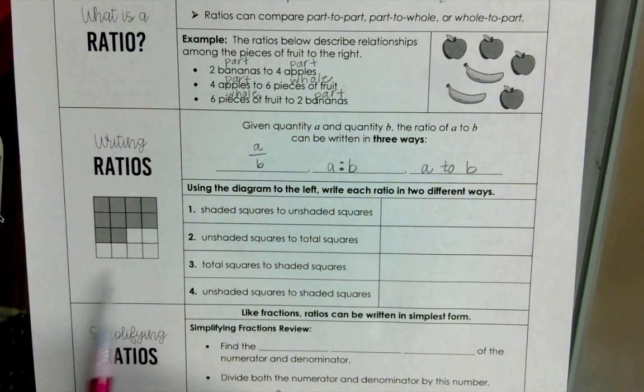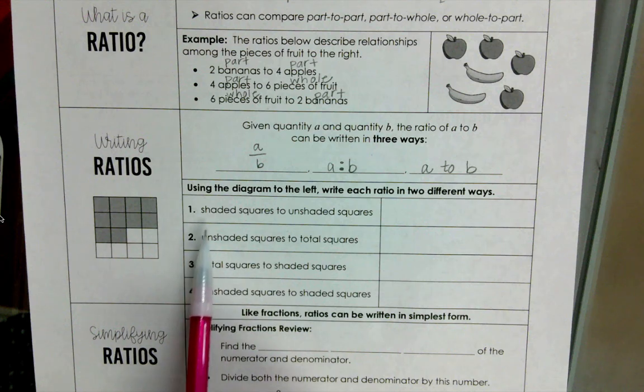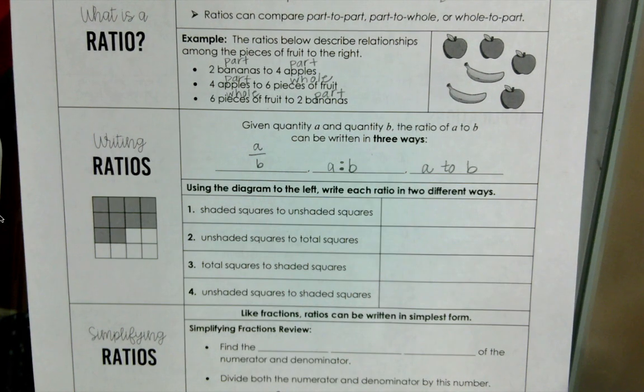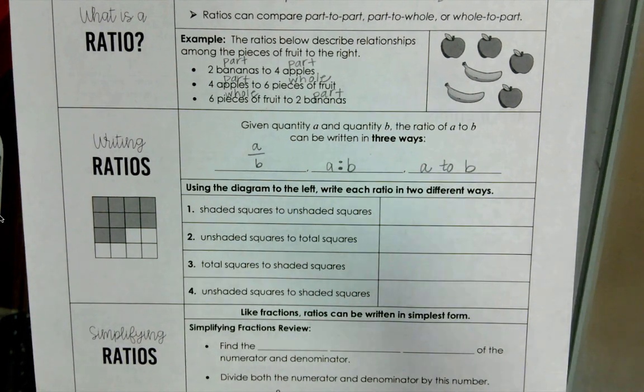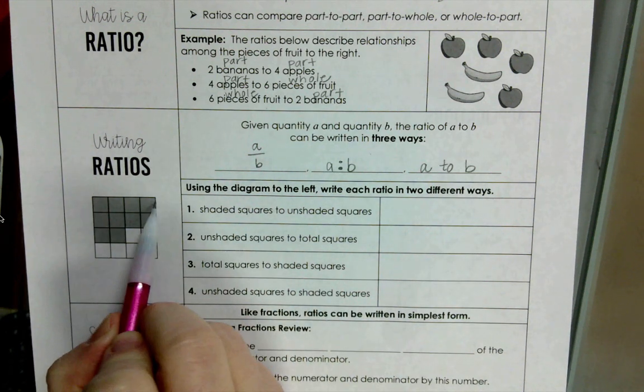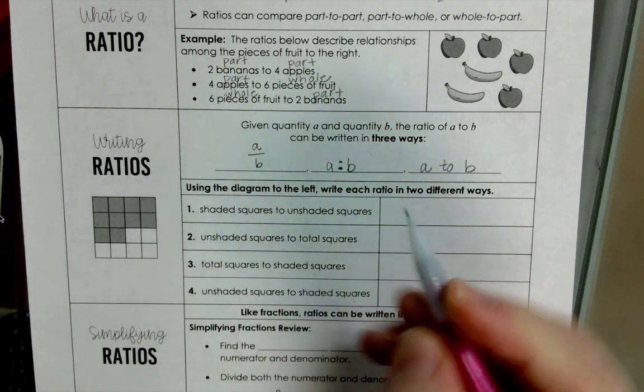So as we move on to writing ratios, we have right here a grid, and we have part of it shaded, and we're going to write this as a ratio. So what they're asking you to do is shaded squares to unshaded squares, and we're going to write every way so that we can be practicing and looking towards mastering that skill. Shaded, so I have 1, 2, 3, 4, 5, 6, 7, 8, 9, 10.